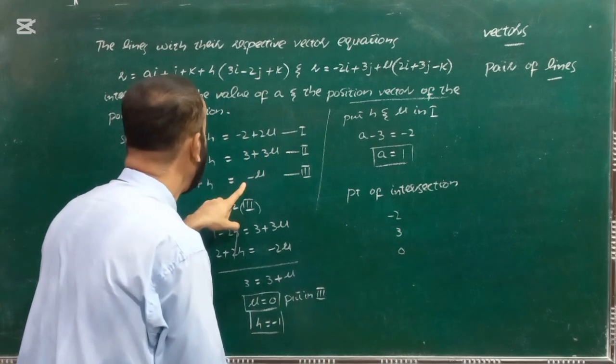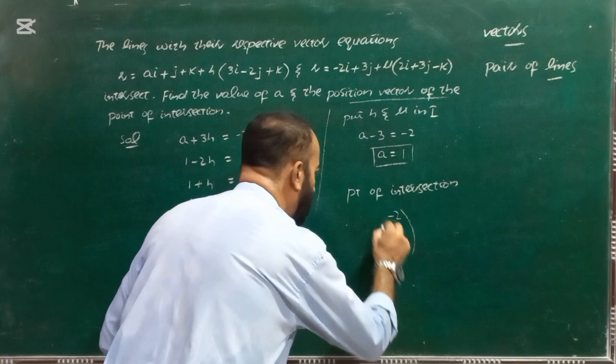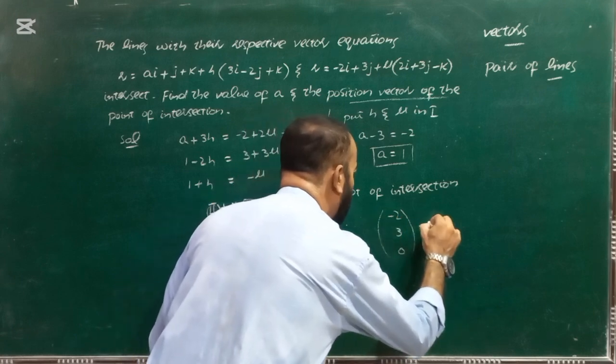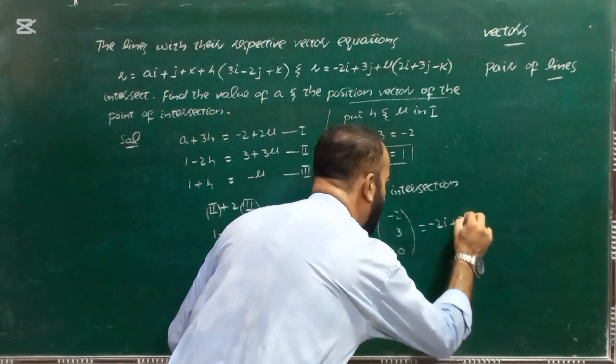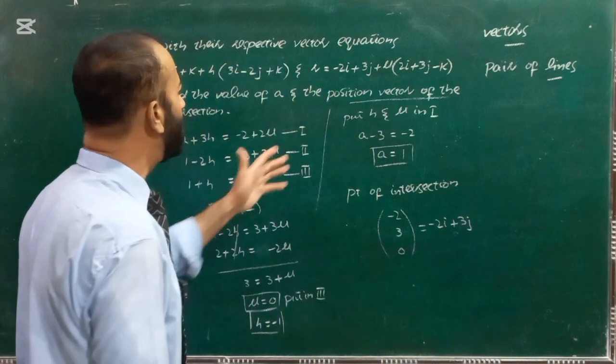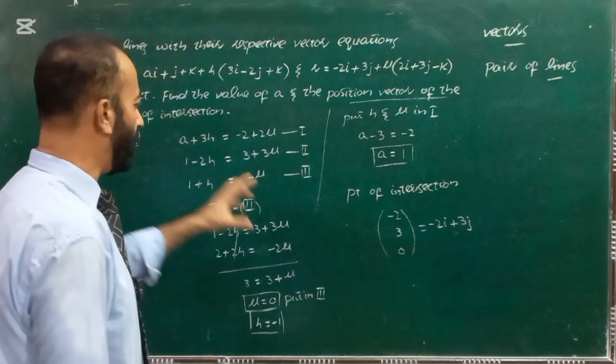So this is the point of intersection. In other words, minus 2i plus 3j. So this is the position vector of the point of intersection.